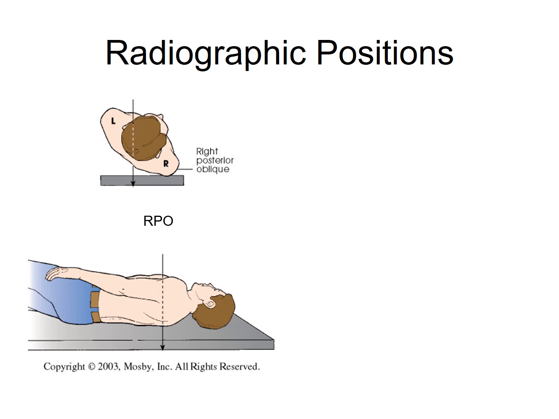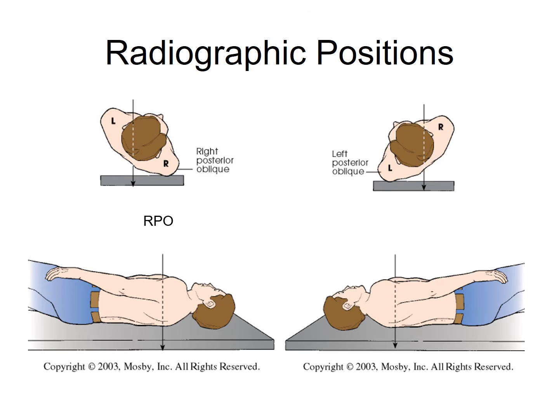Now remember, RPO is the position. What is the projection? Where is the central ray entering? It's entering the anterior side of the patient and exiting the posterior side, and the patient is turned. So this is an AP oblique. The RPO position is an AP oblique.